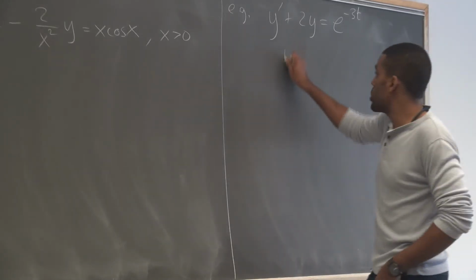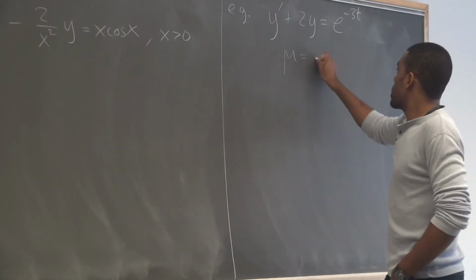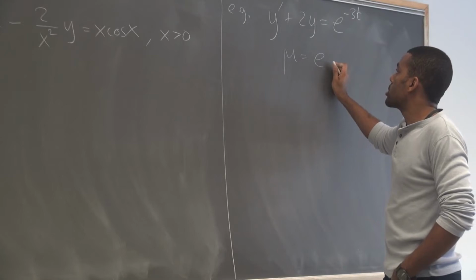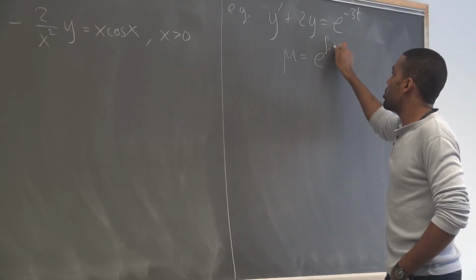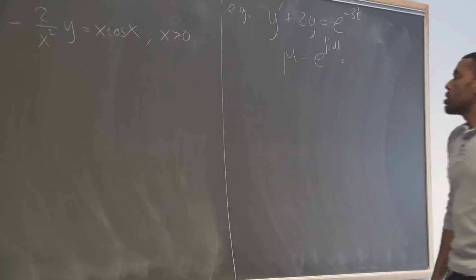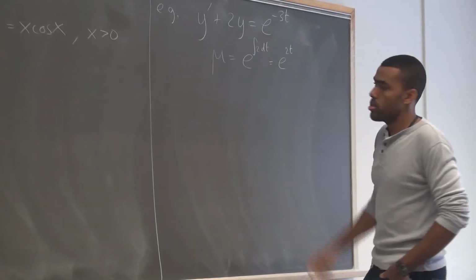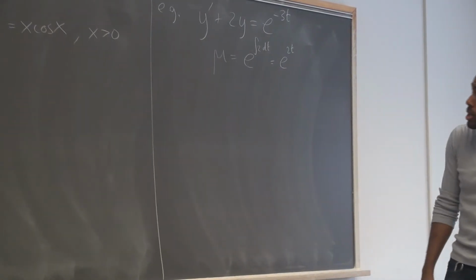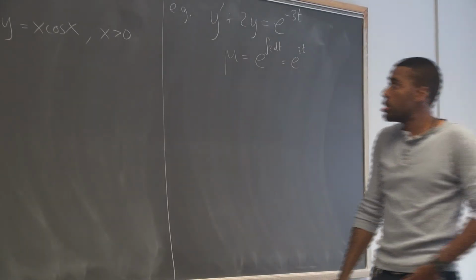So here mu is equal to e to the integral of 2 dt. So that's just e to the 2t, right? Remember, we don't care about the plus c, any one will work. So I'm going to take this guy and multiply through by e to the 2t.